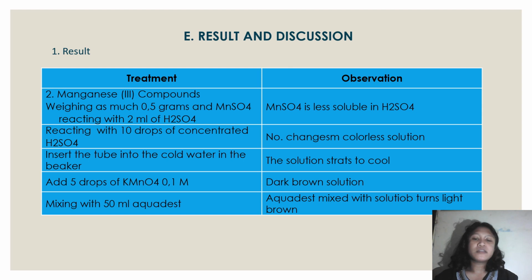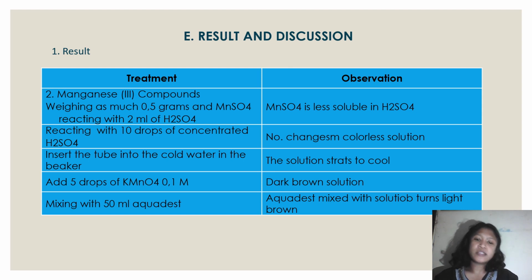Treatment 2, mangan 3 compounds. Weighing 0.5 grams of mangan sulfate and reacting with 2 ml of sulfuric acid. The observation is mangan sulfate is less soluble in sulfuric acid.